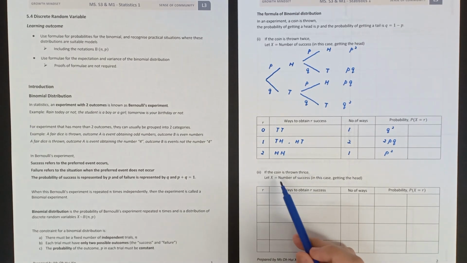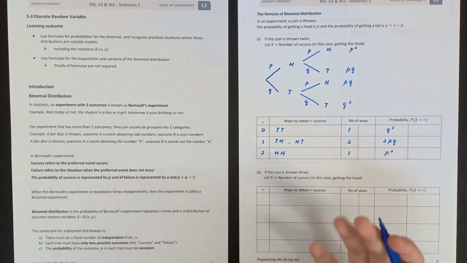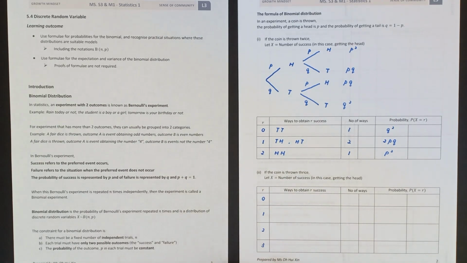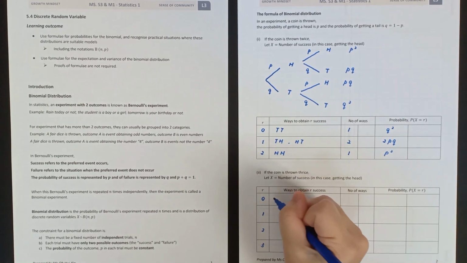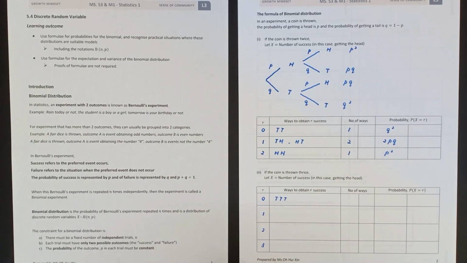Okay, so the same thing, if I toss the coin 3 times, then the possible outcomes that I can have are 0 heads, 1 head, 2 heads, or 3 heads. So how many ways for me to obtain the success? If I got 0 heads, meaning I have all tails.